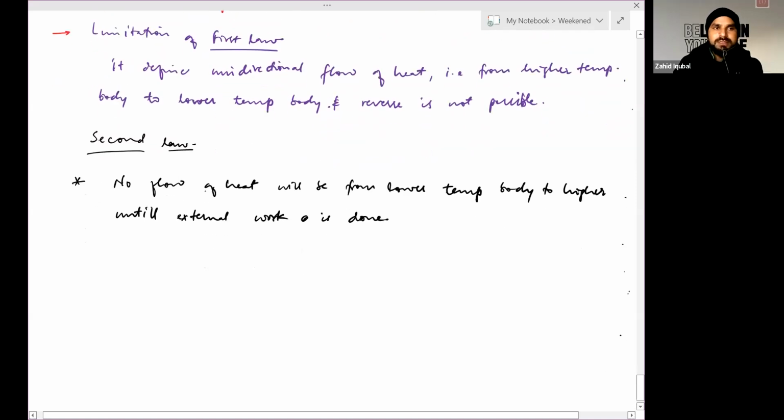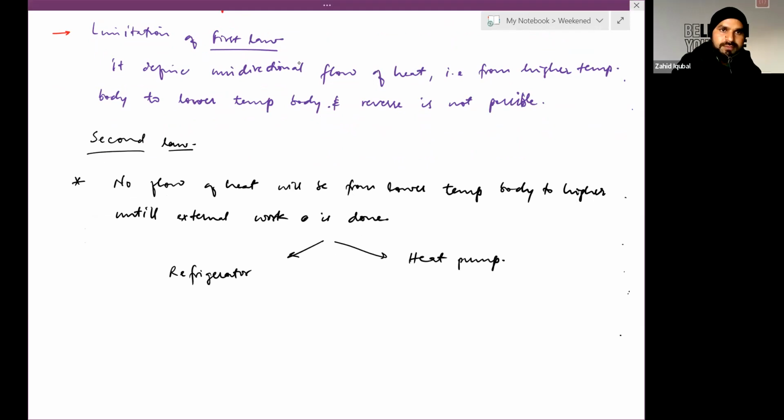Now, on the basis of this law, we define two different machines. One is called a refrigerator, and the next is the heat pump, which may work just opposite of a heat engine. Let me explain.